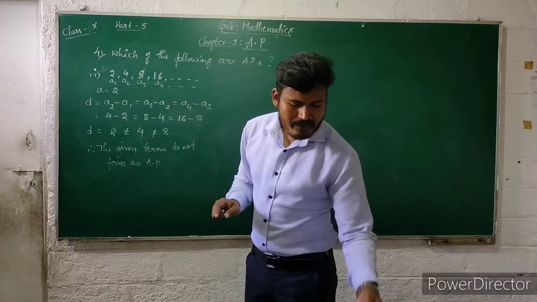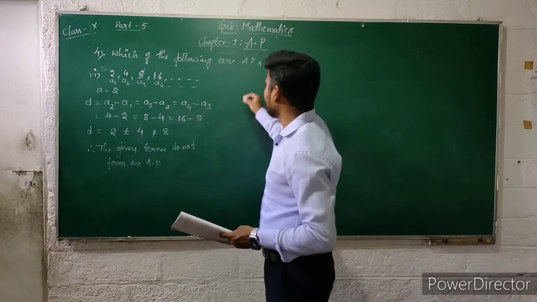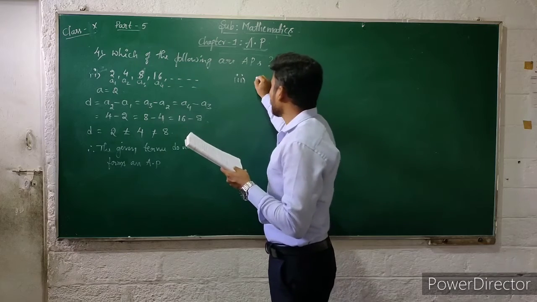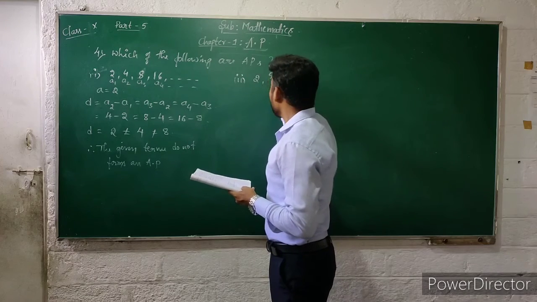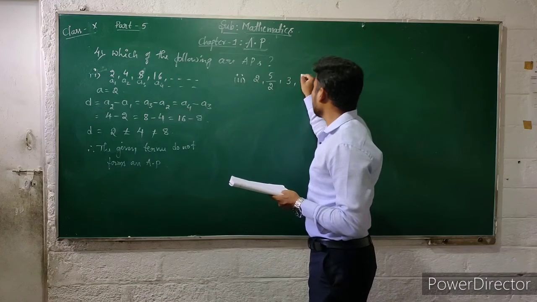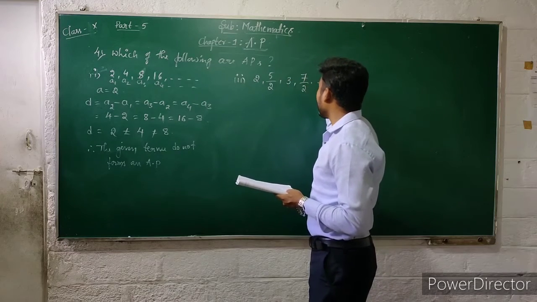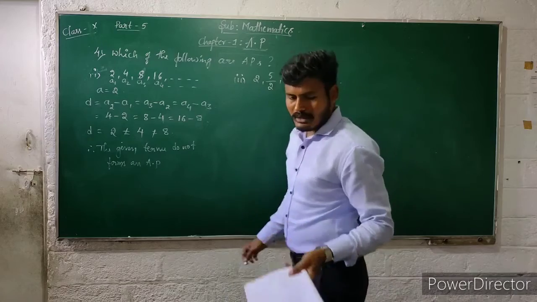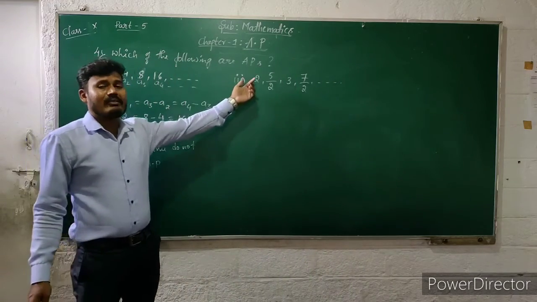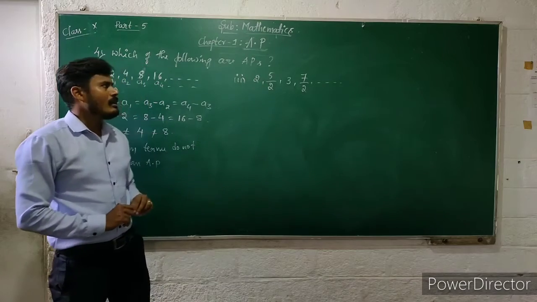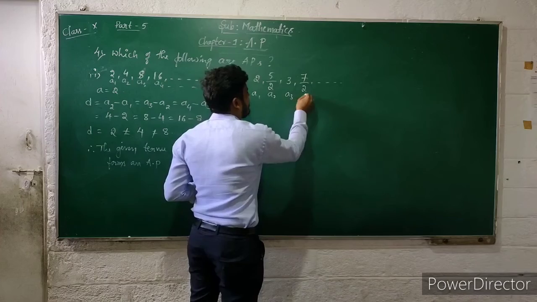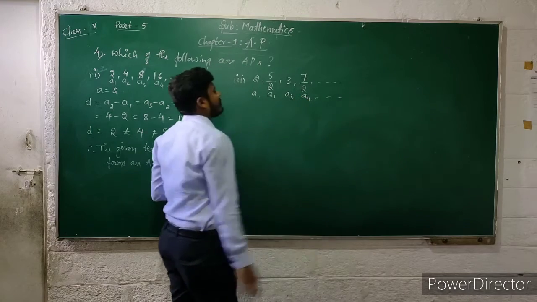Then moving on, second question. The second question is 2, 5 by 2, 3, 7 by 2 and so on. Here the first term of the sequence is 2, then a1, a2, a3, a4 and so on.